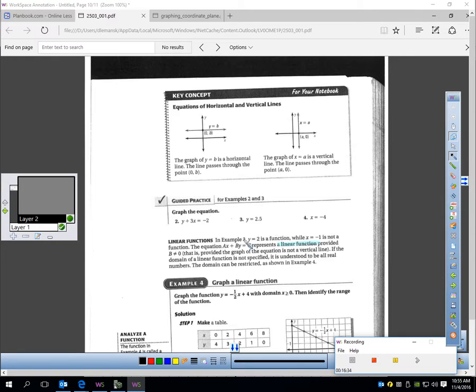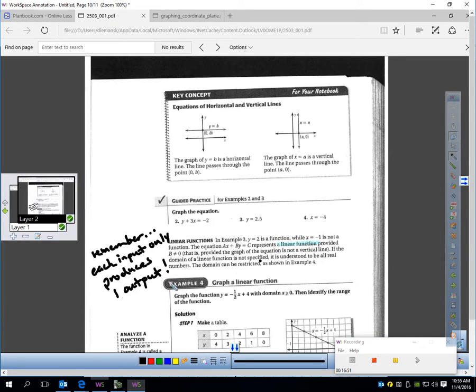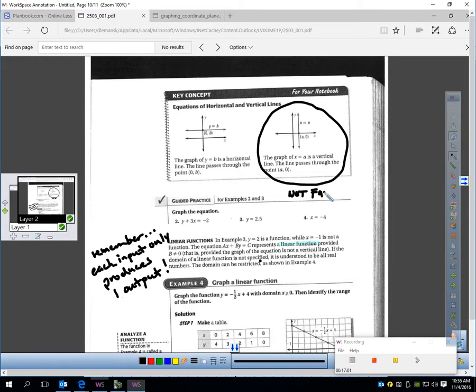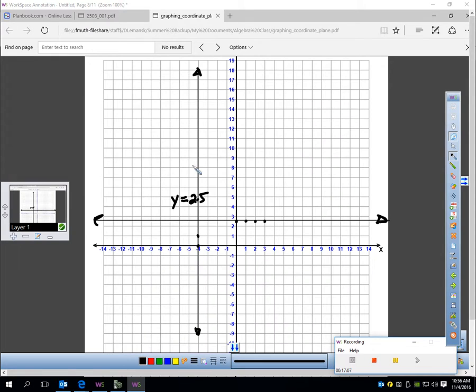A little reminder here about a linear function. Remember, at the end of chapter 1, we learned that a function means each input can only produce one output. Each input can only produce one output. That means this situation is not a function. The other situations we looked at are, but this one is not, because when you look at this vertical line, look at what my table would look like.